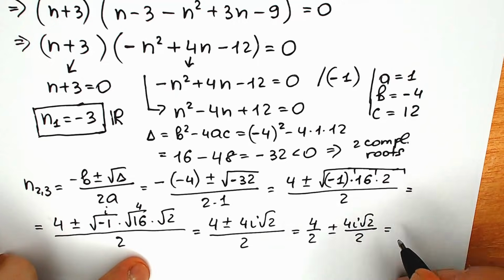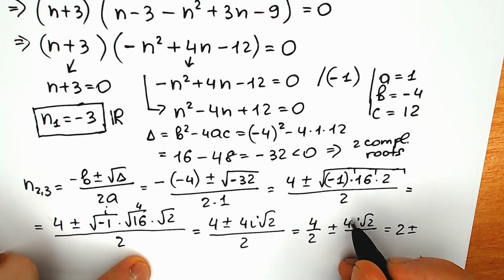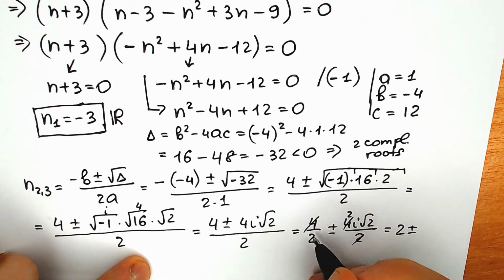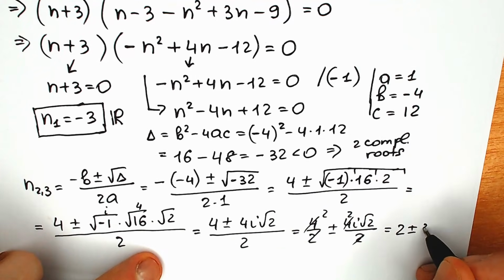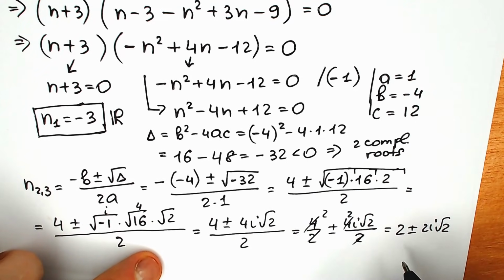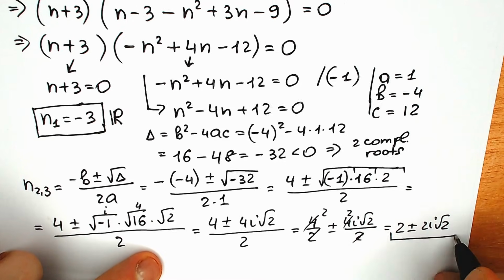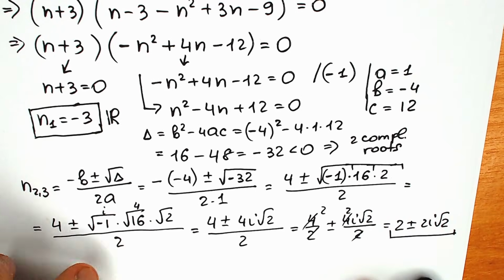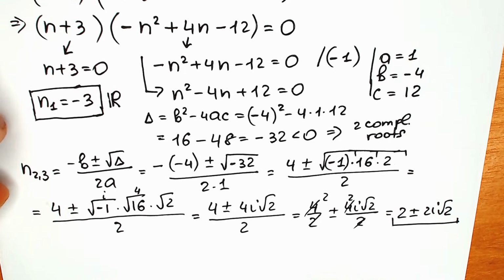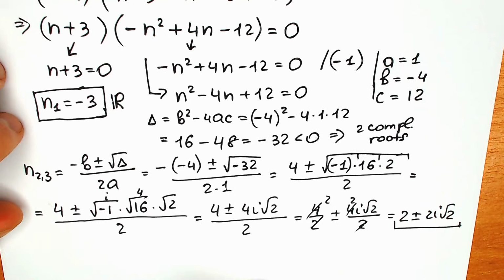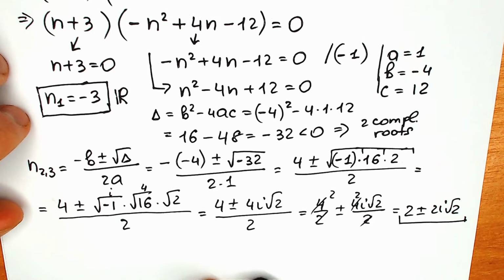Right now we have 2 plus minus 2i square root of 2, and these are our two complex roots. And right now let's gather all the roots together and write our final answer to this question.